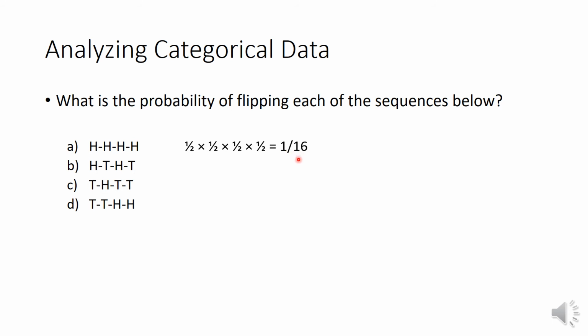So every 16 times I flip a coin 4 times, on average there will be one of those where I flip the coin as heads 4 times. Just to make sure we're clear, I flip a coin 4 times, so now I've flipped a coin 4 times once.